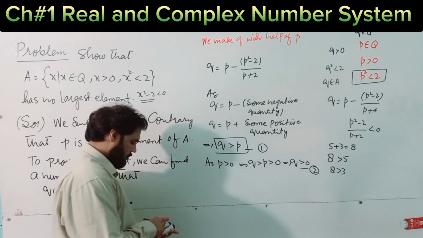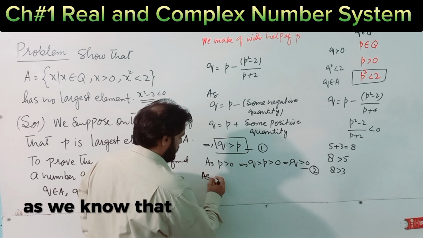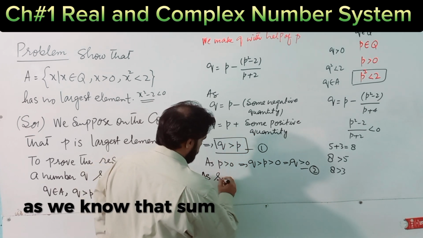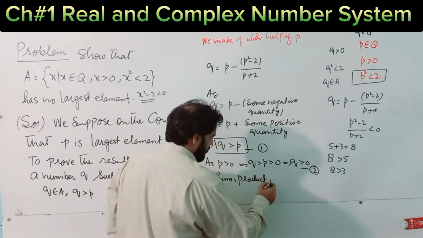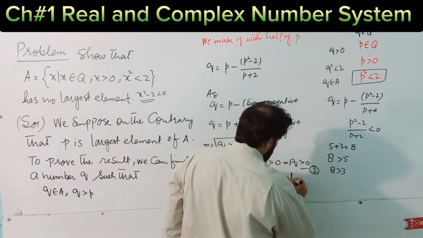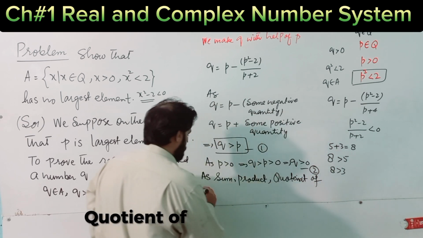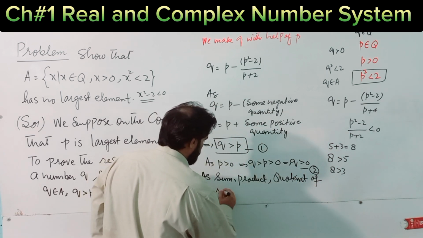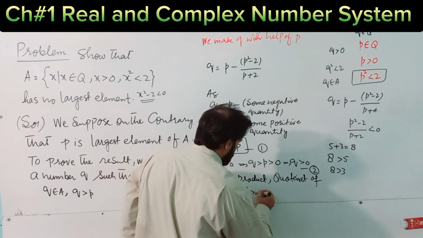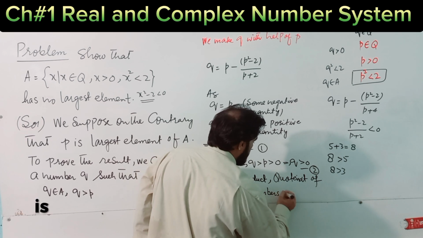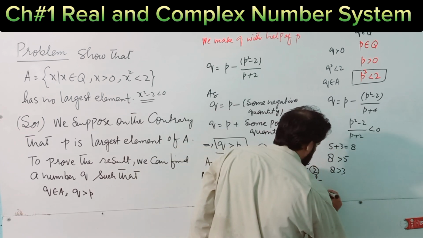For this we can give the reason, as we know that the sum, product, quotient of two rational numbers is always rational.